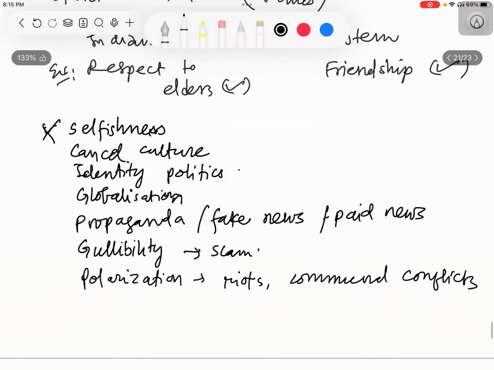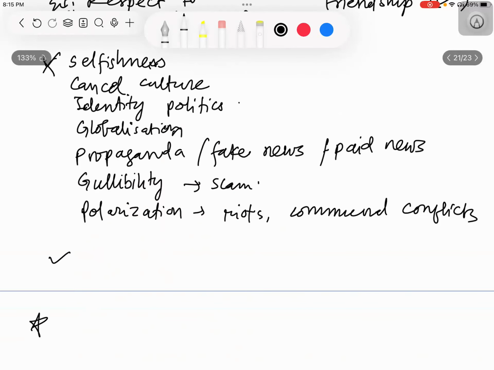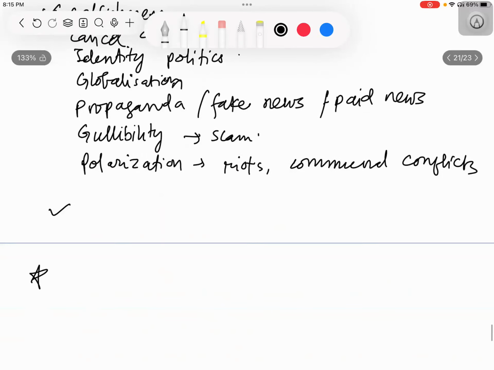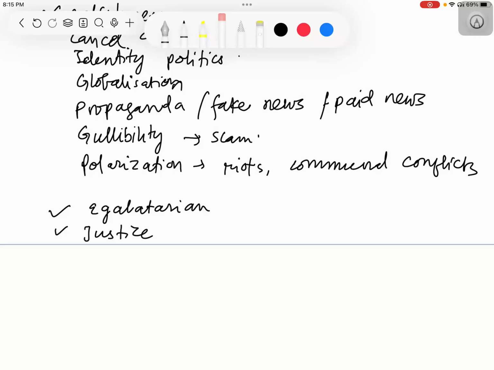Are there any good things, sir? When we say negative things, say one good thing. They have created a level playing field for people also, so to some extent they have also created an egalitarian society. Sir, free speech. Justice, yes, free speech also, you can say a greater level of free speech, right? So different perspectives are coming up.